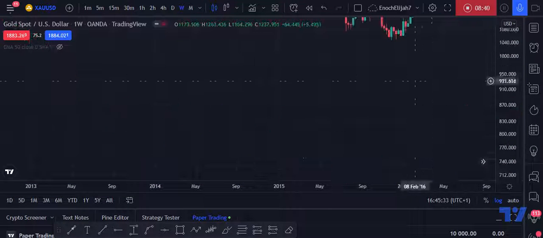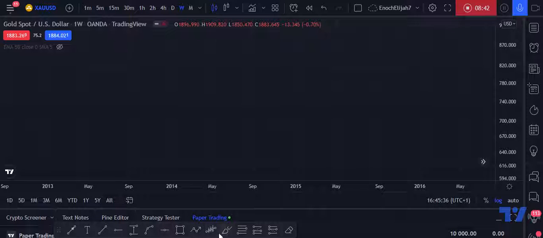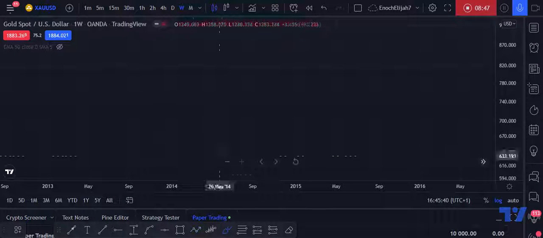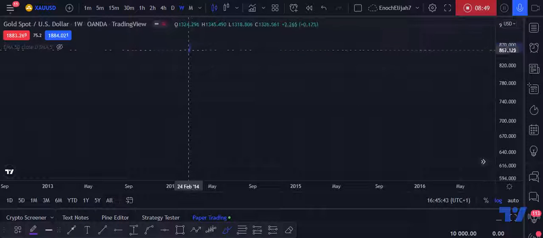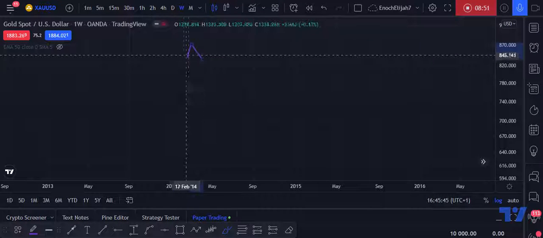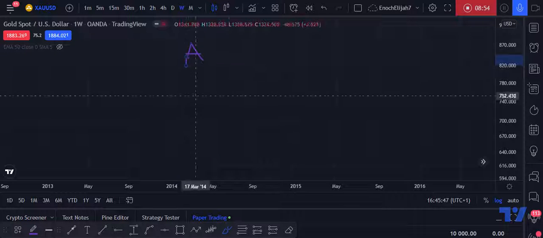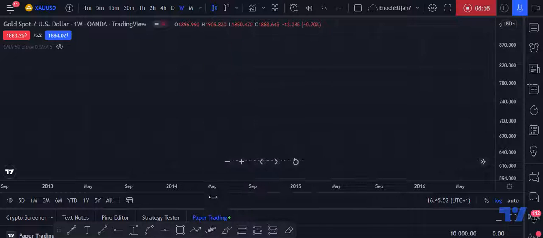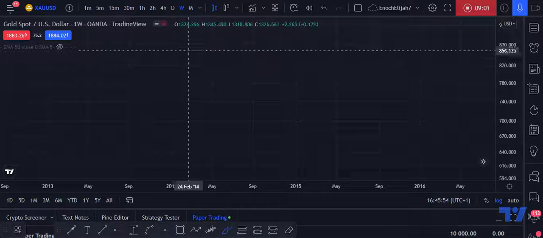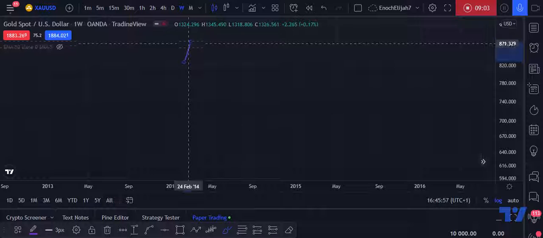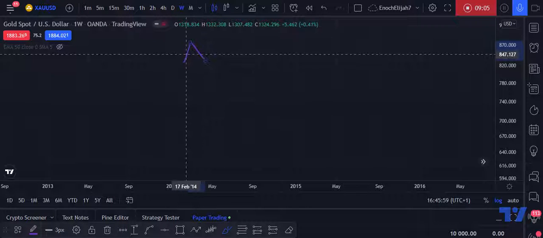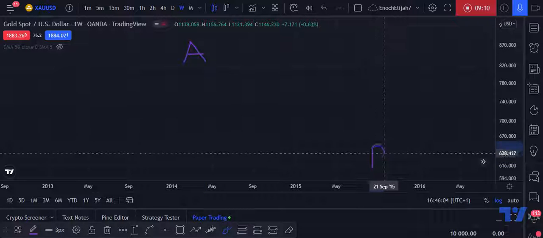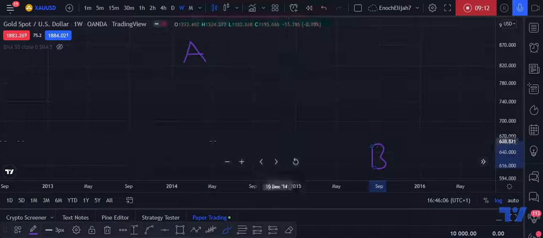Let me show you an example of that. That's how it works. So let's say the market is coming down from this top, from this point A, coming to point B, like this.